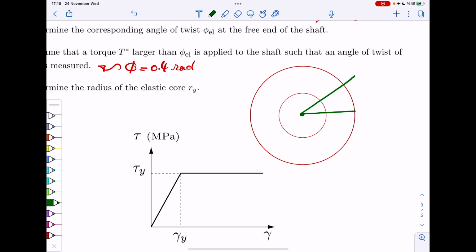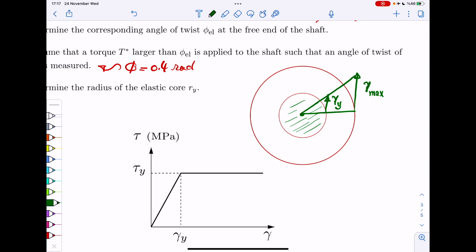But between the two, what we do know is that the shear strain distribution is linear. So this is gamma max. This is gamma y. So if this is your elastic core, it means out of this, you have constant stress, you have yield stress.